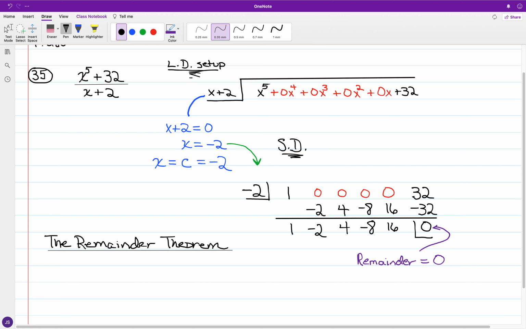In the case of the remainder theorem, you don't have those constraints quite so much. For the remainder theorem, in brief, if you have a polynomial f of x divided by x minus c, then the remainder is f of c.